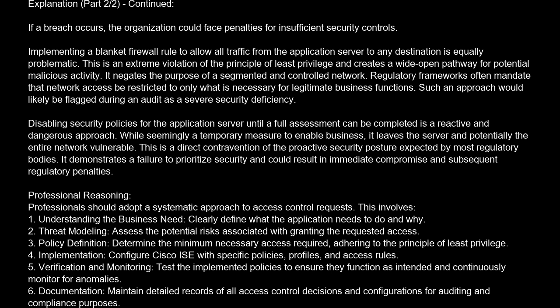Implementation. Configure Cisco ISE with specific policies, profiles, and access rules. 5. Verification and monitoring. Test the implemented policies to ensure they function as intended and continuously monitor for anomalies. 6. Documentation. Maintain detailed records of all access control decisions and configurations for auditing and compliance purposes.